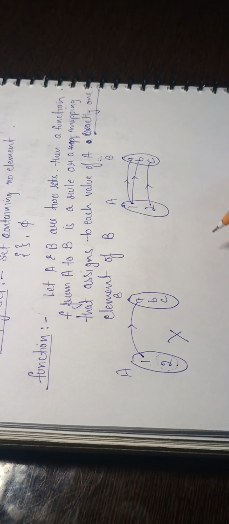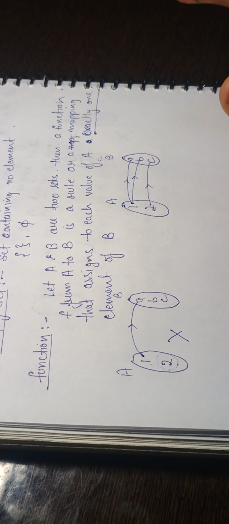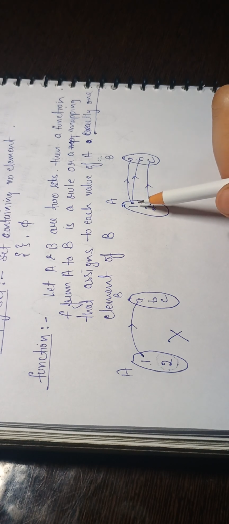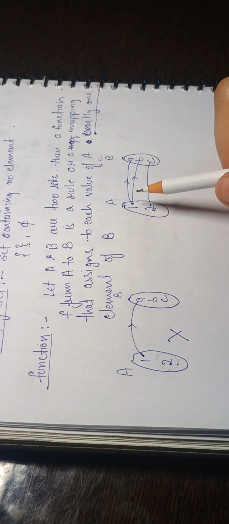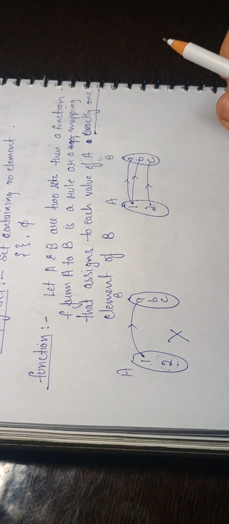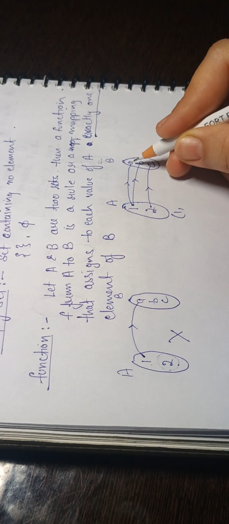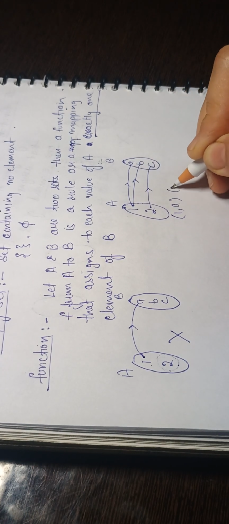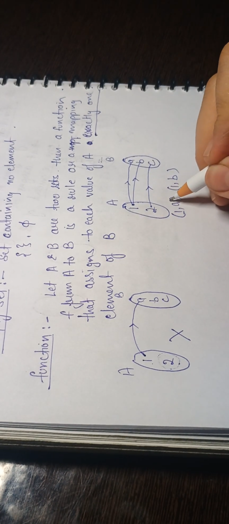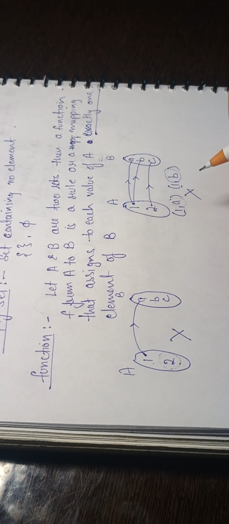It satisfies the first condition that for every element in A, there is at least one element in B. But the second condition is that for each element in A, there should be at most one element in B. But here, corresponding to 1, we have one element a and one element b. So for a single value in A, there are two corresponding values in B. So this also cannot be a function.